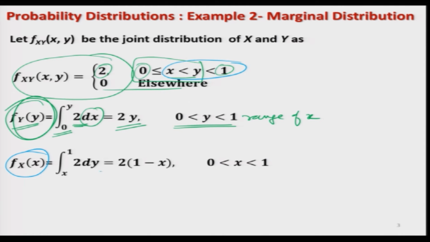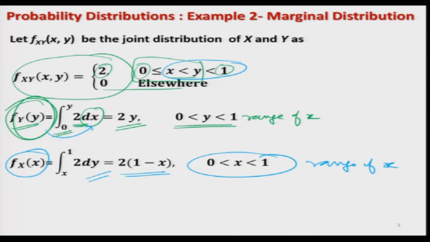Then if you write down this PDF and solve it, you will get 2 times (1 minus x), and now you have to specify the range of x. So this is what you have to keep in mind: when you are trying to find the marginal density of y, you have to integrate with respect to x, and when you are trying to find the marginal probability density function of x, you have to integrate with respect to y.